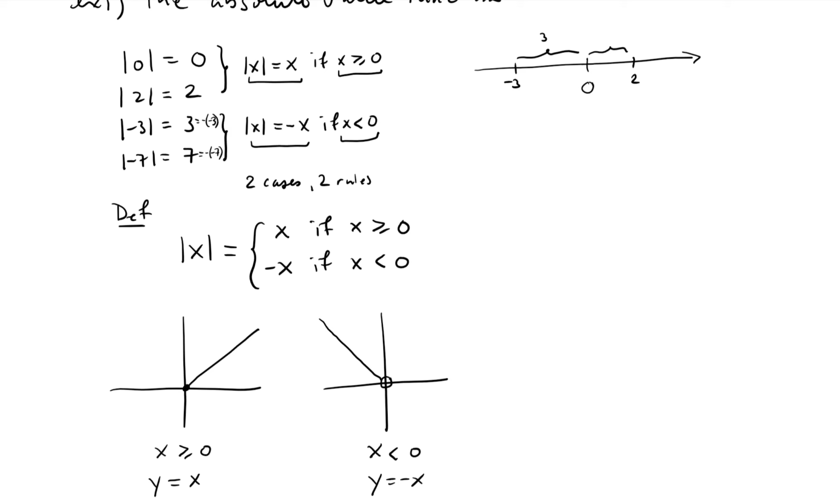So to come up with the graph of the absolute value of x, we're going to glue these graphs together. So we're going to have this part with a full dot. Now this part has an empty dot, but then if we glue it, this empty dot gets filled by the full dot of the first curve.